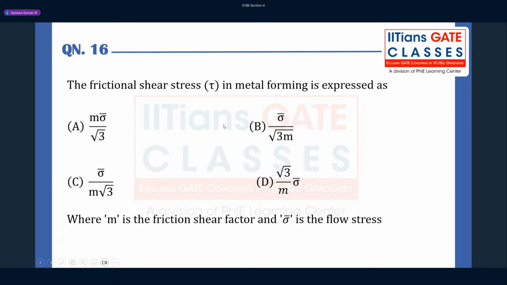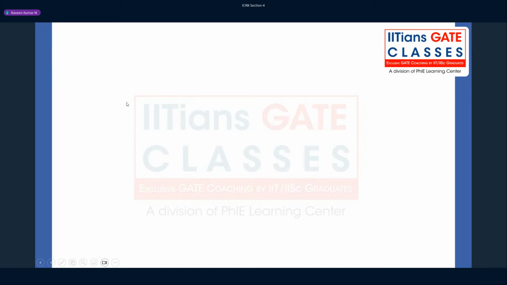As we are discussing friction, there are two types of friction that will be visible in metal forming. So let's write what those are. In metal forming, there are two frictions: sliding friction and sticking friction.